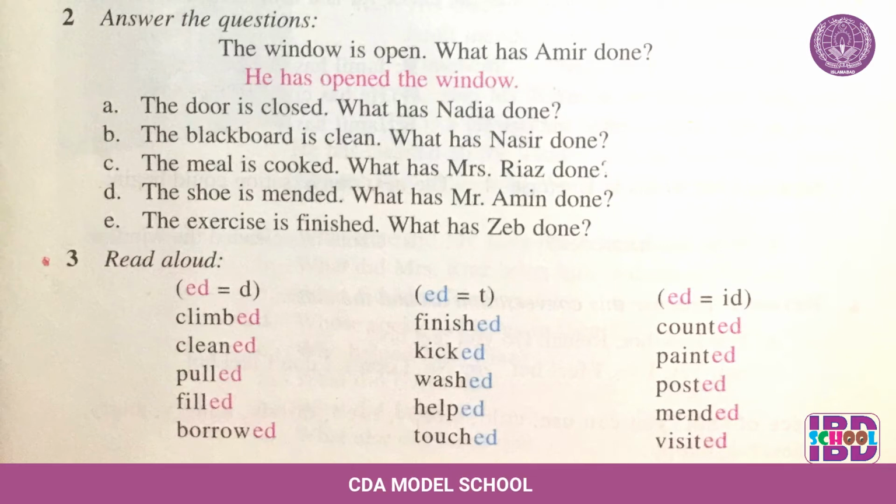Finished, kicked, washed, helped, touched. And the third column has verbs ending in ed that sound id: counted, painted, posted, mended, visited. Class, you will answer the questions in your copies.